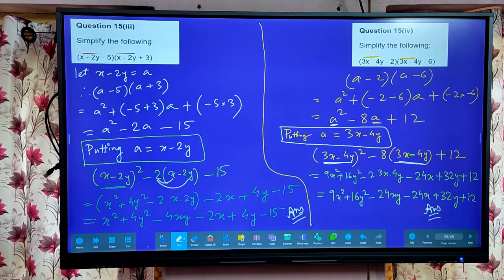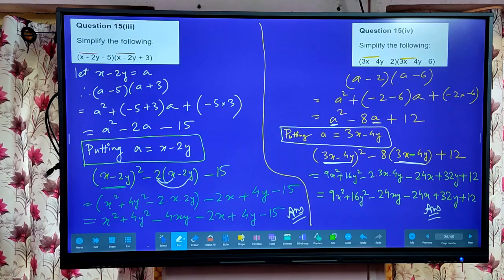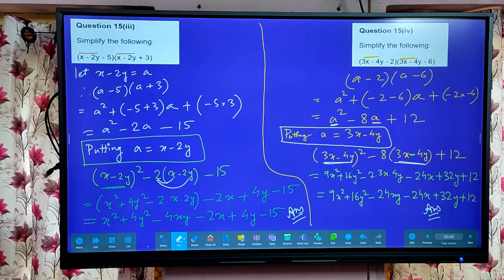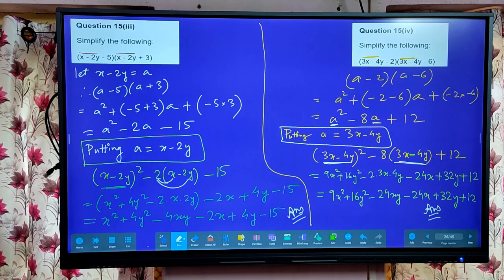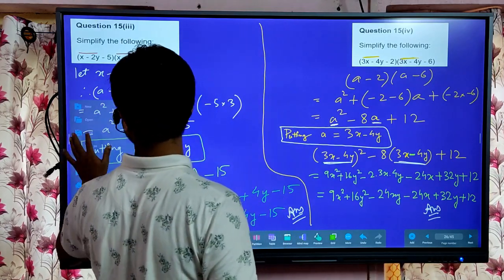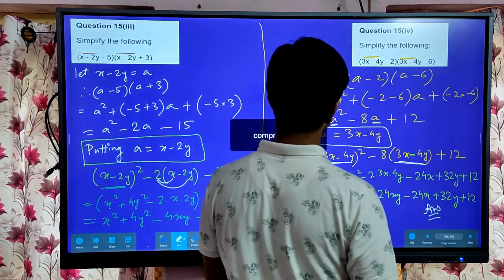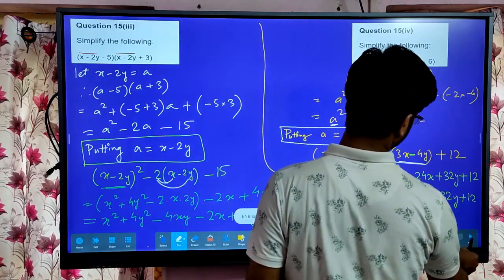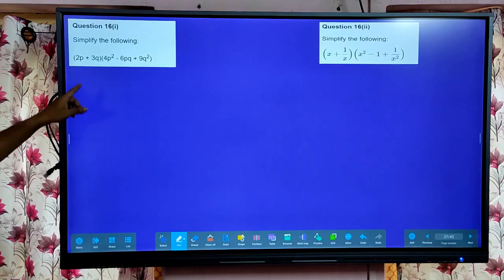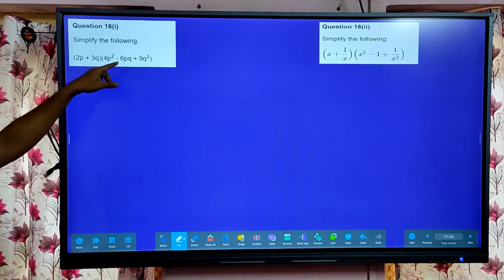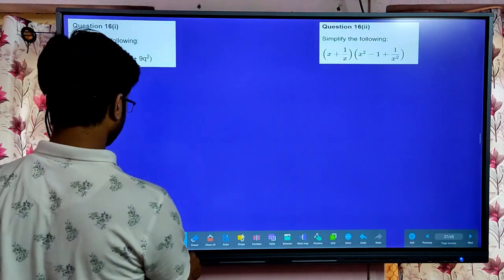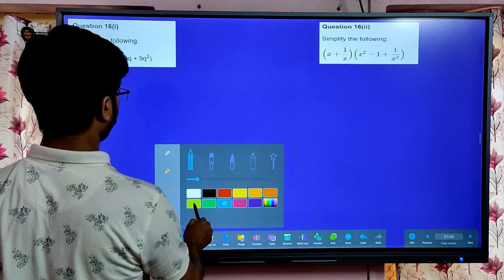Next, we will move on to question number 16. So this is 2p plus 3q into 4p square minus 6pq plus 9q square. Now, looking at this, can you relate one formula?